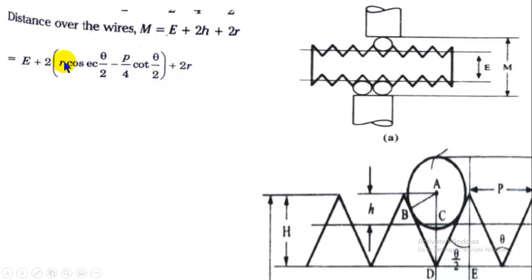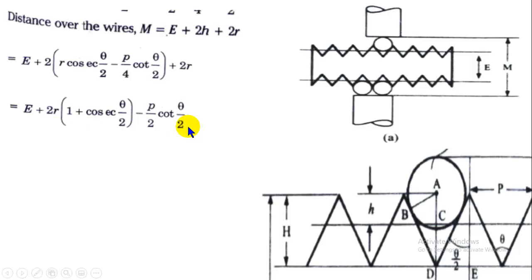Here d by 2 was there, but we simplified because r is already there, so in place of d by 2 we wrote r. Next, taking the common: if you multiply the 2 to this term, p by 4 will become p by 2 cot theta by 2, and we take 2r common outside, so it becomes 2r times 1 plus cosecant theta by 2, minus p by 2 cot theta by 2.